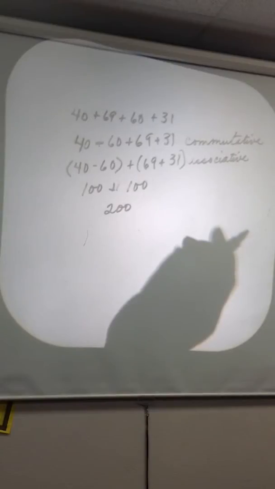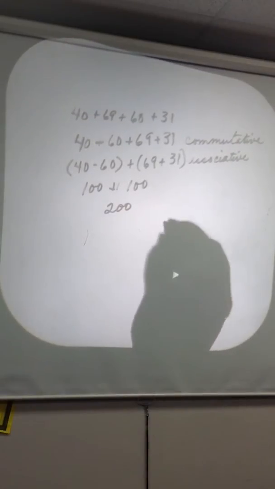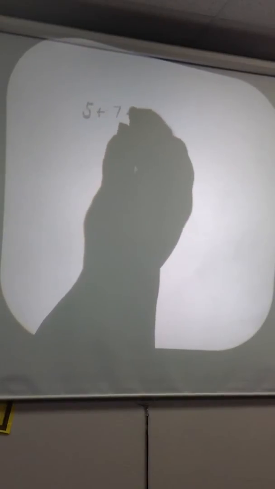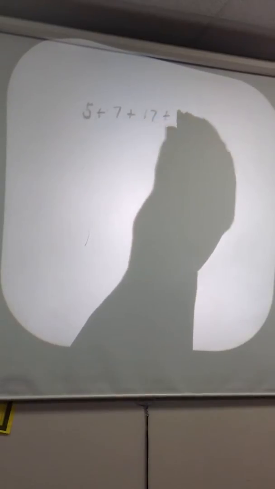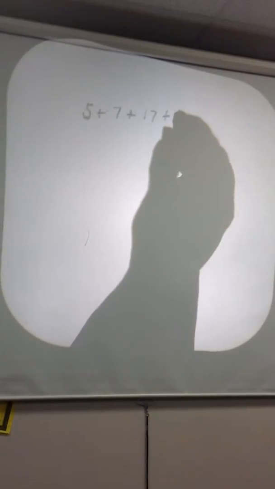Well, if you just use the associative property, for instance, maybe you might have a problem and would say, oh, this is kind of what I'm making up off the top of my head. And you know that I'm not real successful at that. Suppose you had a problem that said 5 plus 7 plus 17 plus 5.